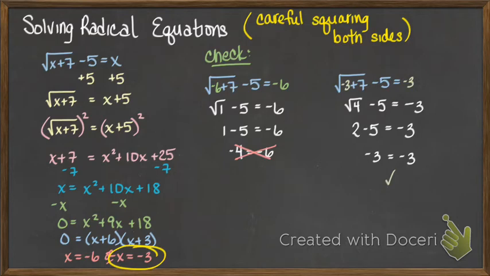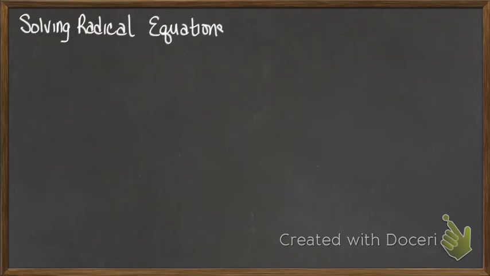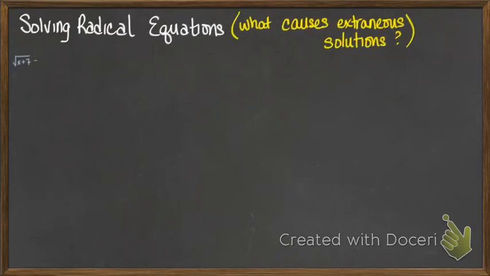Now, where did the other one come from? The way that we refer to it is that x equals negative 6, that was an extraneous solution. Now, an extraneous solution is the result of the algebra that we do distorting the original equation a little. Now, if we think about where we've come so far, that original equation started out as the square root of x plus 7 minus 5 equals x.